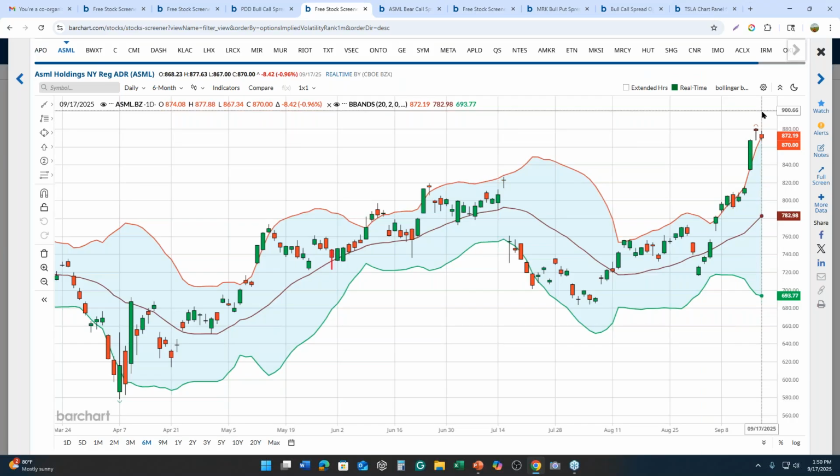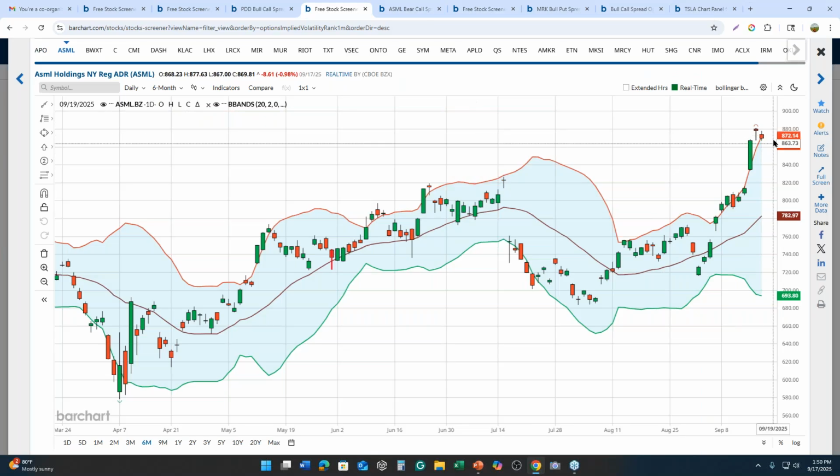Remember our debit spread, we said let's use the whole bandwidth to help us find a target. But in this one, we want to manage our risk. So one of the ways we're going to manage our risk is to look at the width of the band from the mean to the outer band. In this case, it's about $90. So we want to keep our risk in that range, $90 or less.